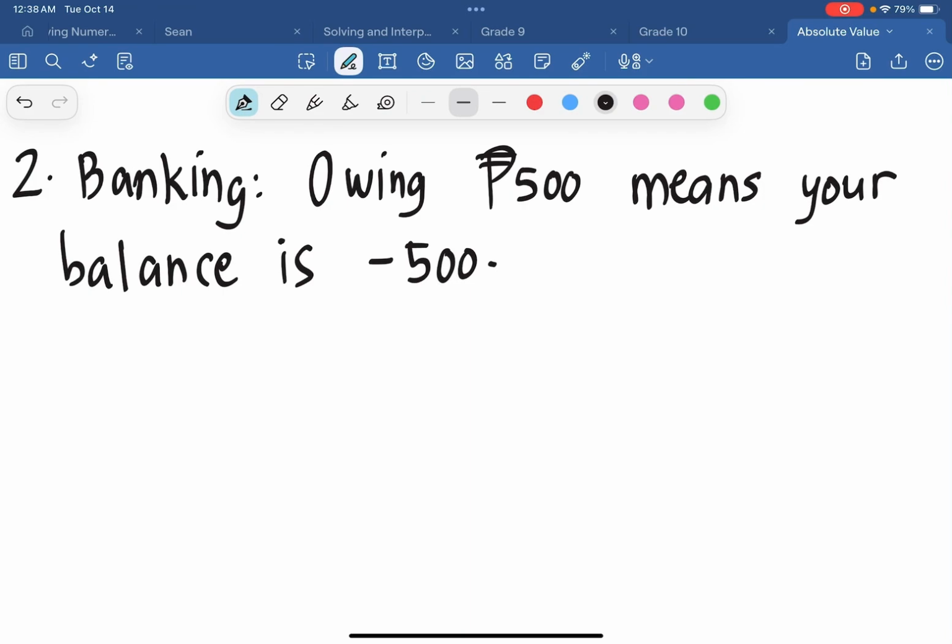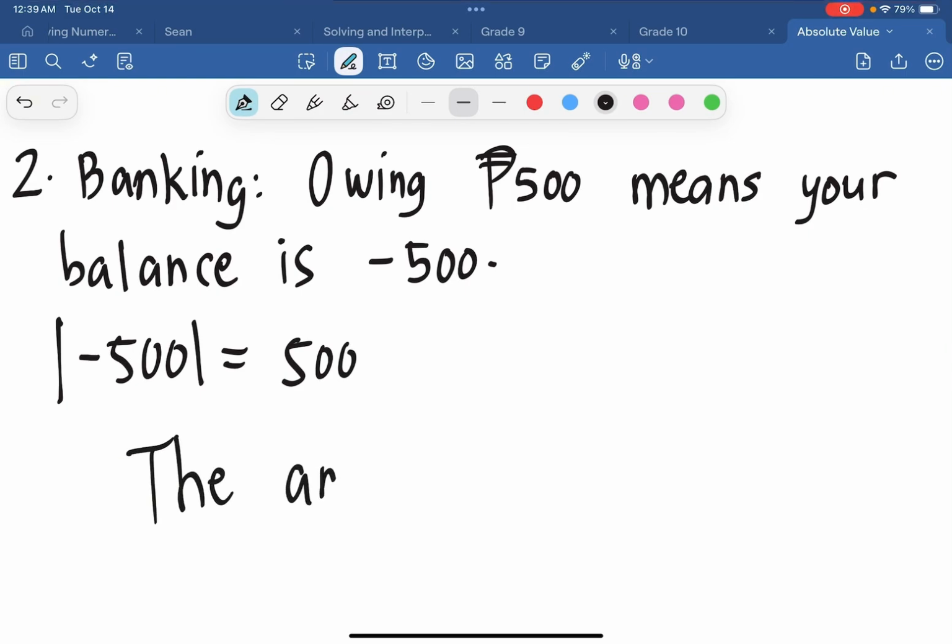Next example would be in relation to banking. Now, we have a situation here. Owing 500 pesos means your balance is negative 500. Now, if we incorporate absolute value on this, we have the absolute value of negative 500, which is positive. That means the amount owed is 500 pesos.